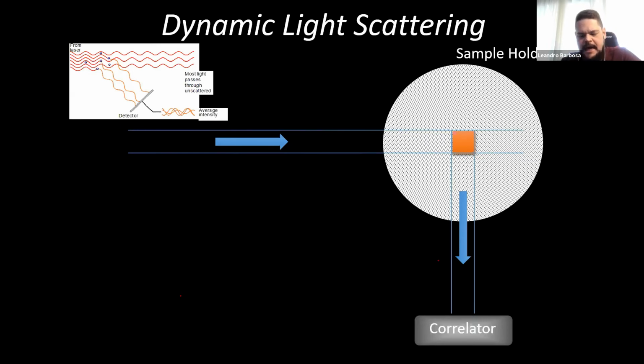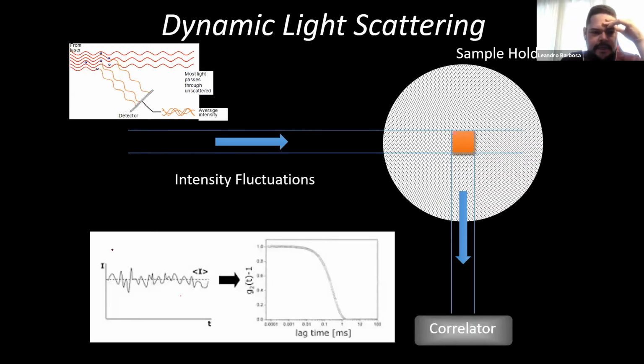Then it gets this intensity fluctuation information, and it makes a scattering curve, intensity variation along time. And this curve gives rise to what we call the self-correlation function, the G2 of T. This function is something similar to this one.